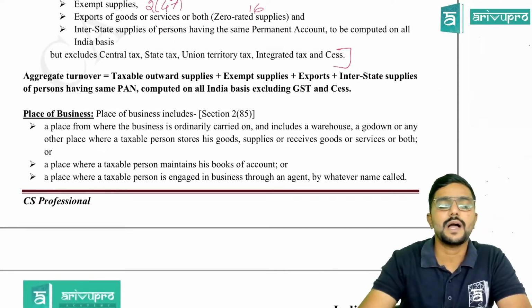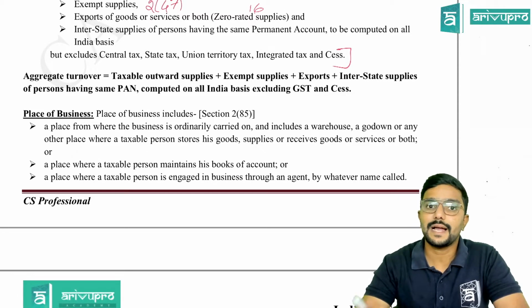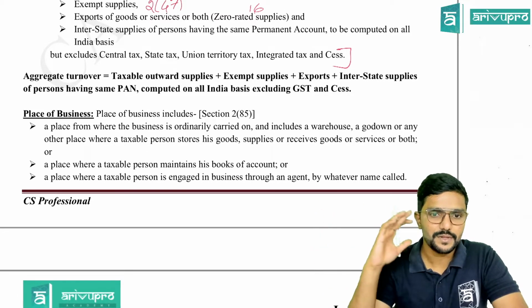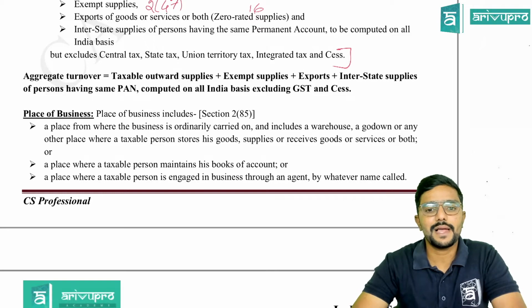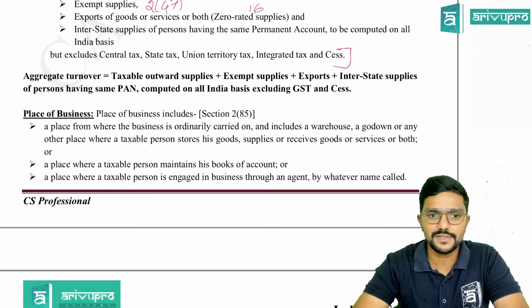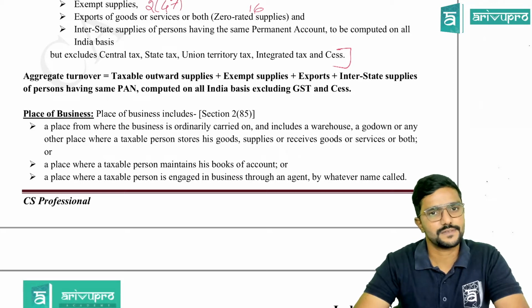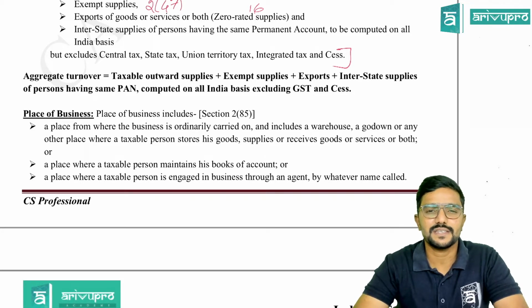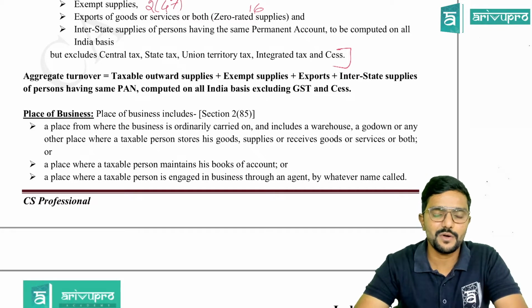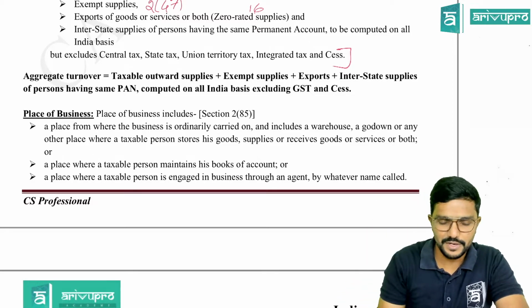So in simple terms, aggregate turnover is equal to taxable outward supplies plus exempt supplies plus exports plus interstate supplies of a person having the same PAN, and it should be computed on an all India basis, excluding GST and cess. Excluding GST and cess. This is just a simple way to make you understand and remember.